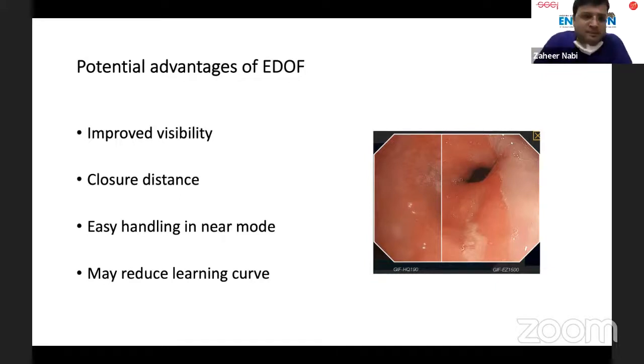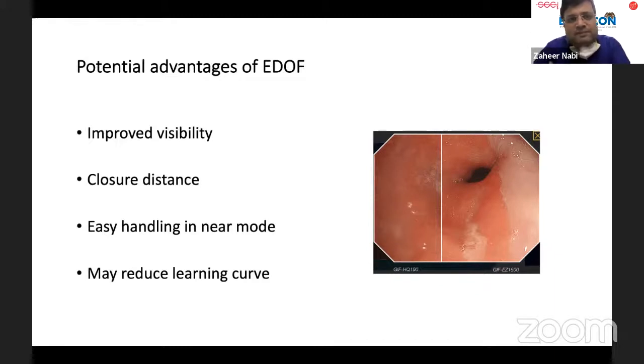So as said, Dr. Raj, one thing I found with this EDOF mode is that it can reduce the pressure on the beginner, because you need to focus in a very controlled way. You have to focus the lesion because you know that you need to keep a certain distance and maintain that distance so that you can identify and characterize the lesion very well.